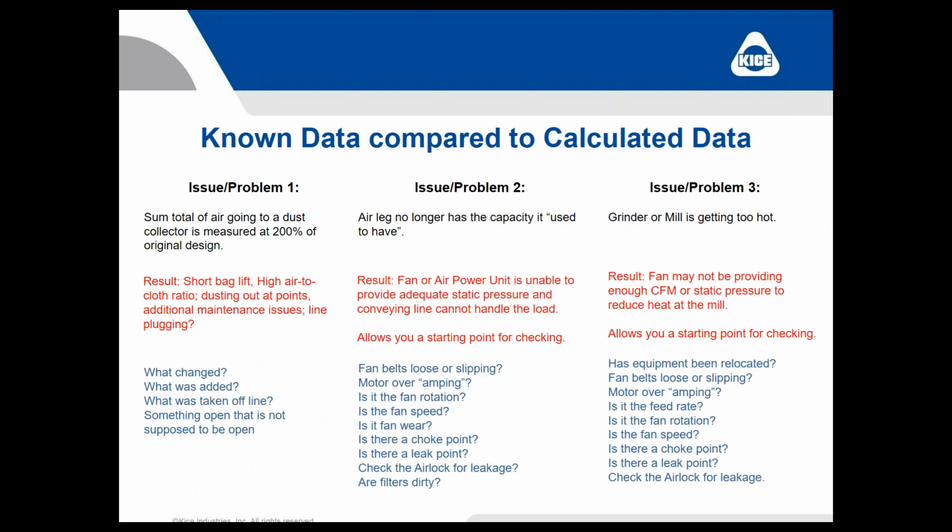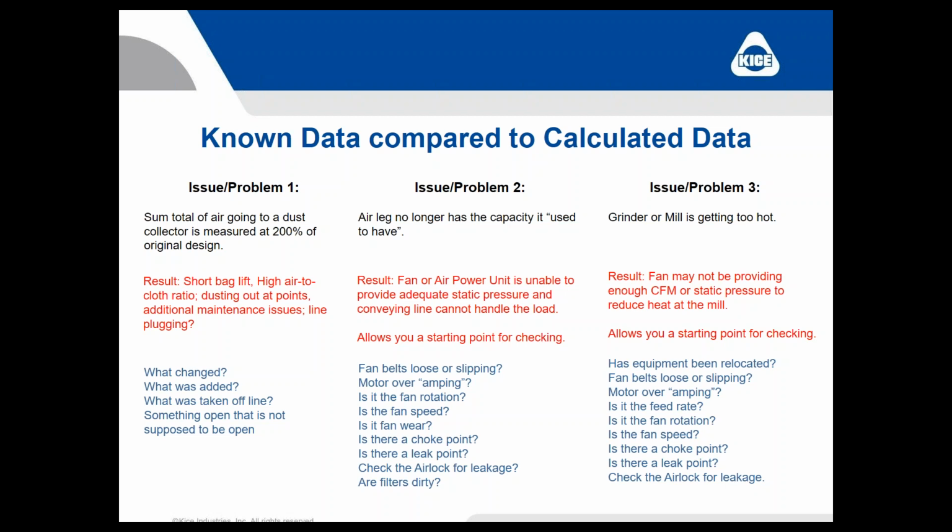So as we kind of start to summarize here, what do you know? What good is it? Well, you have known data, you can compare it to calculated data. I'll use me for an example. I calculate a system for you, and I said it needed 2425 CFM at 14 inches water column static. That's what I said it was going to do.